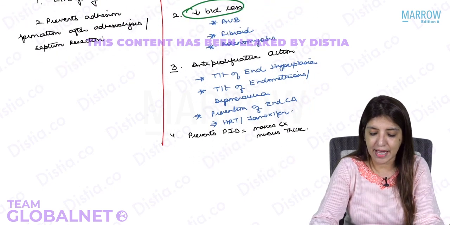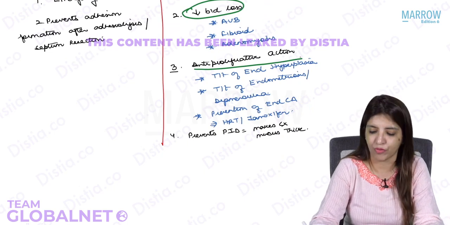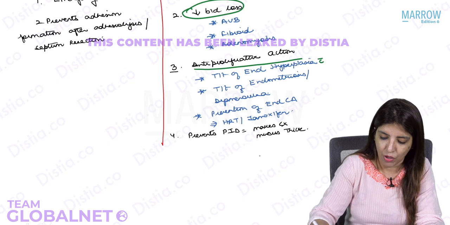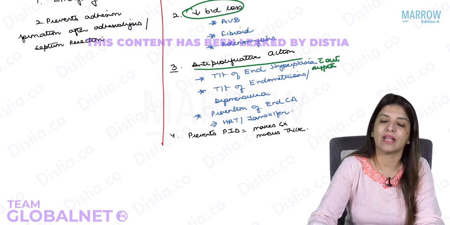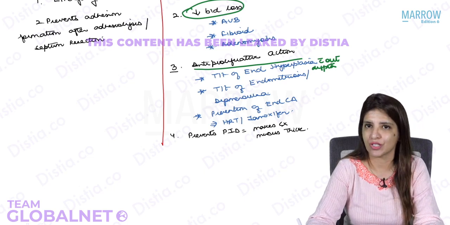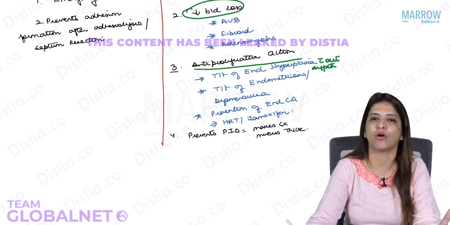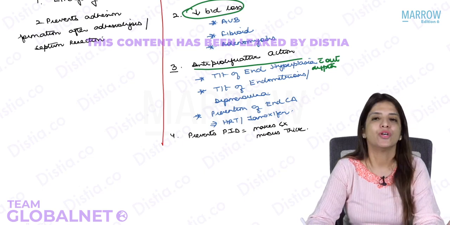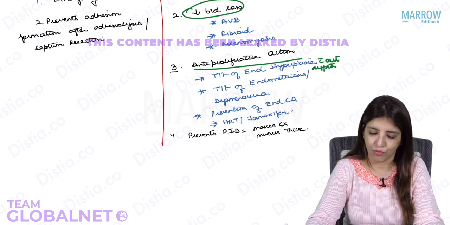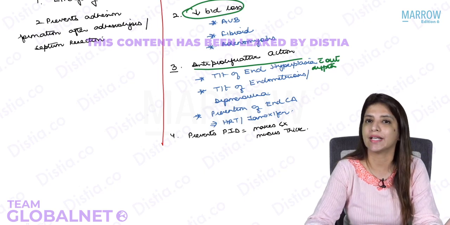Then because it has anti-proliferative action, it can be used in management of endometrial hyperplasia without atypia. It can be used in management of endometriosis. In management of endometriosis, I told you that you can use progesterone because progesterone has anti-proliferative effect, right? It can be used for preventing endometrial cancers.